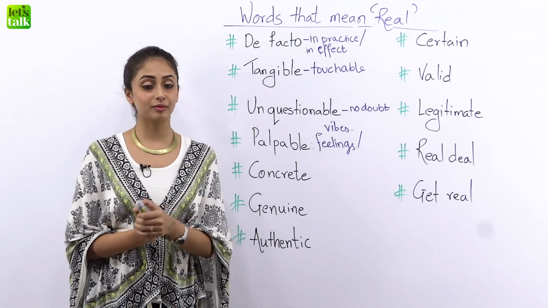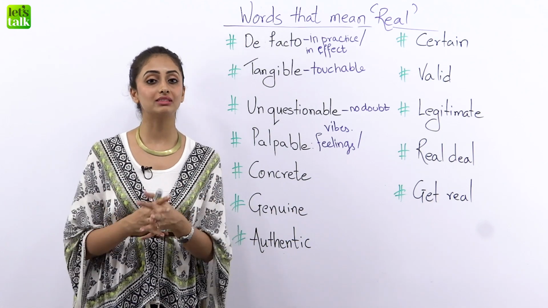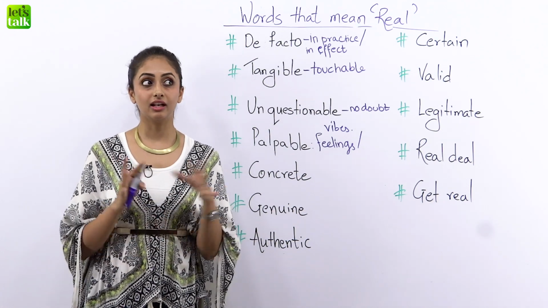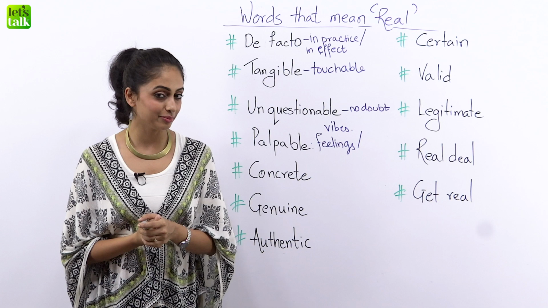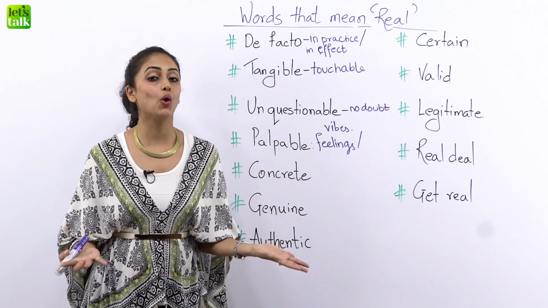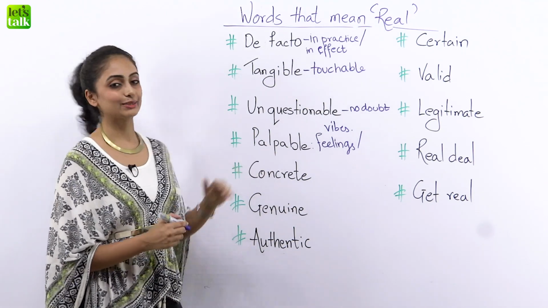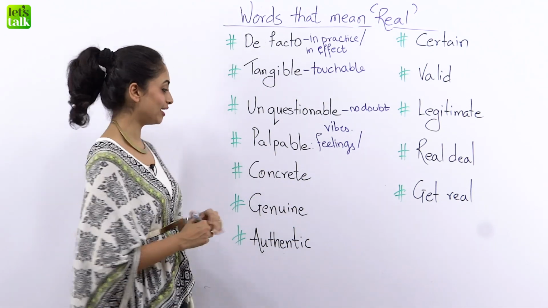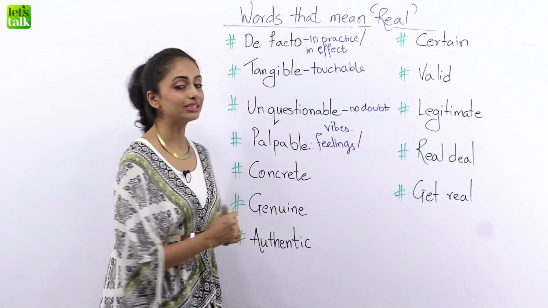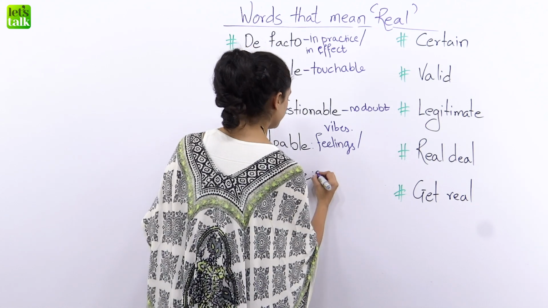Now, that's the kind of atmosphere and vibe certain classrooms or meetings or offices have. Or the love in this room is palpable. That means someone is in love and it's so strong that you too can feel it or sense it. That is palpable. Moving on from there, we have concrete. Concrete simply means things which are existing, solid.